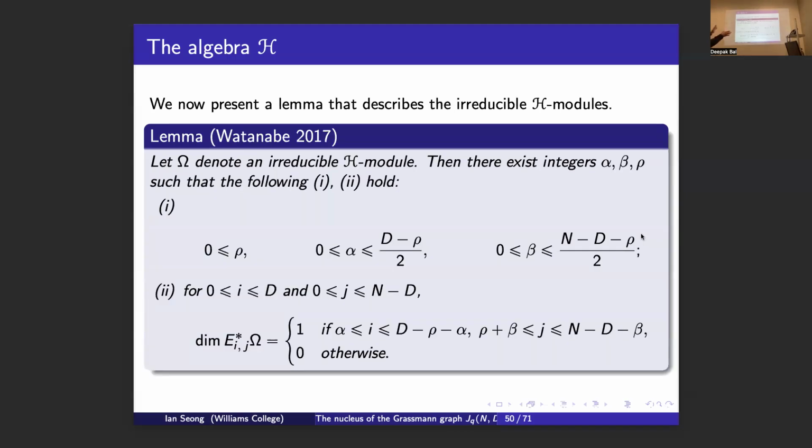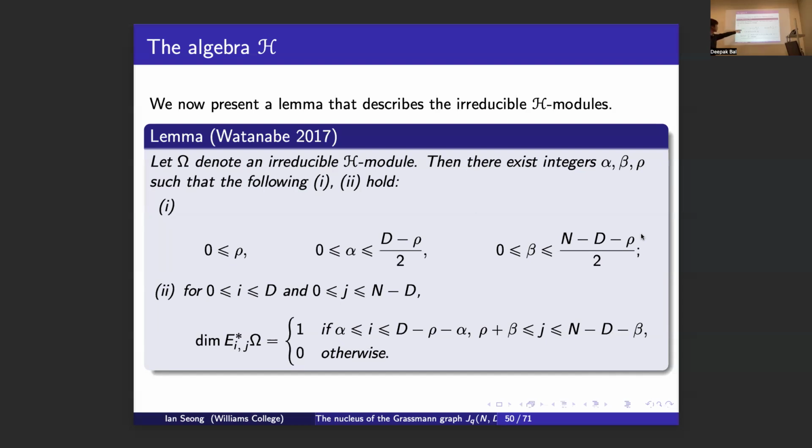Okay, and here's a very long lemma. This is a result by Watanabe in 2017. What this lemma does is describe the irreducible H modules in psi. Let omega denote an irreducible H module, then there exist 3 integers alpha, beta, and rho such that the following hold. Part 1 gives us the inequality on rho, alpha, and beta.